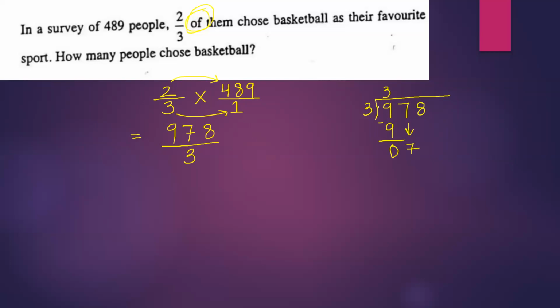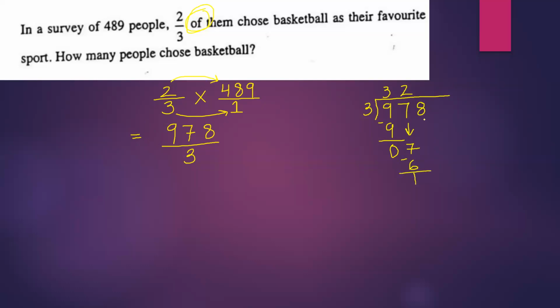All right. How many times does 3 go into 7? Twice. 3 times 2 is 6. 7 minus 6 is 1.